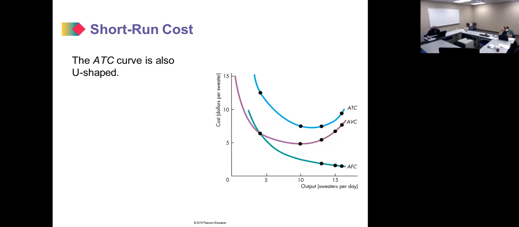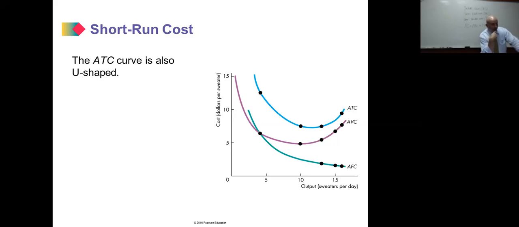What caused the divergence between the average variable cost and the average fixed cost? I don't understand why they're going in opposite directions. Average fixed cost: because of the fixed component, as output increases, you are dividing that fixed component over a larger number of output.